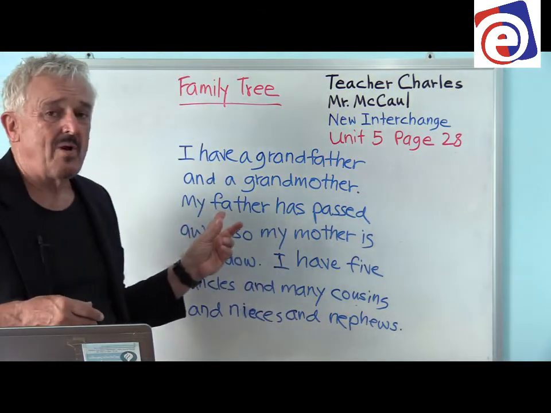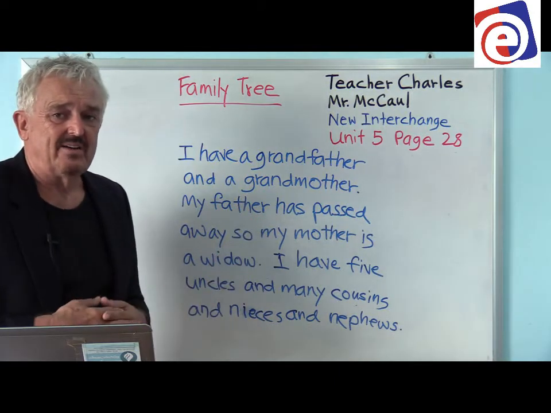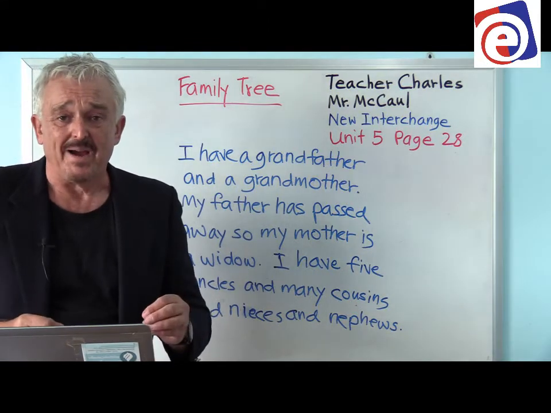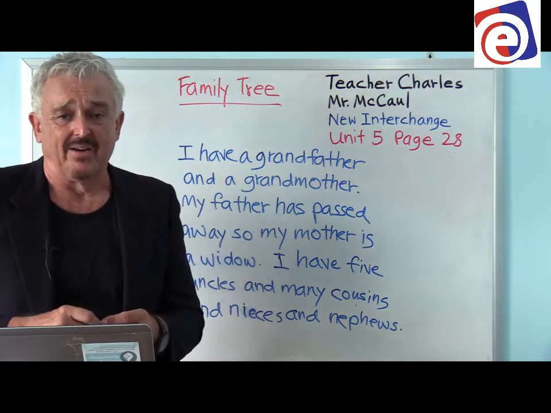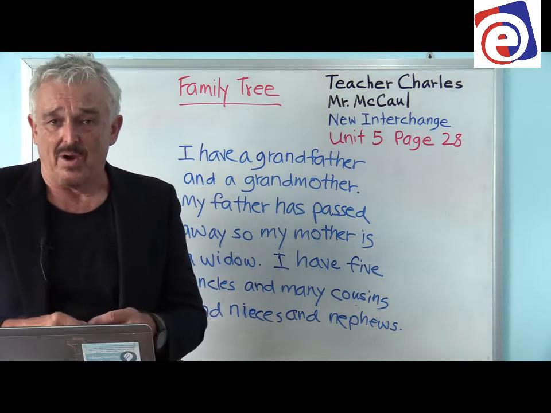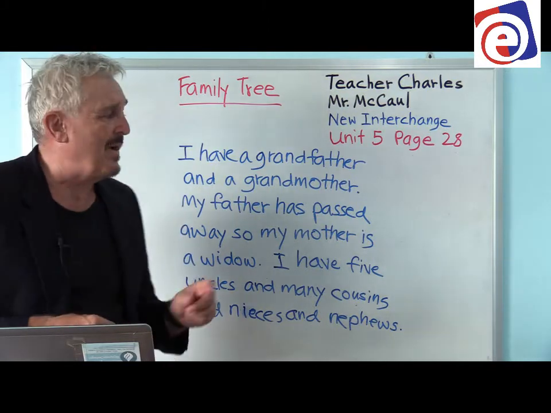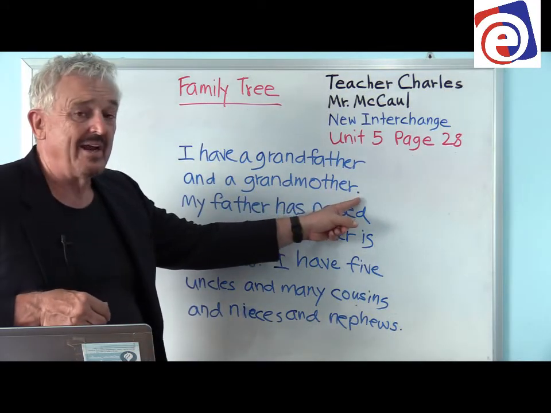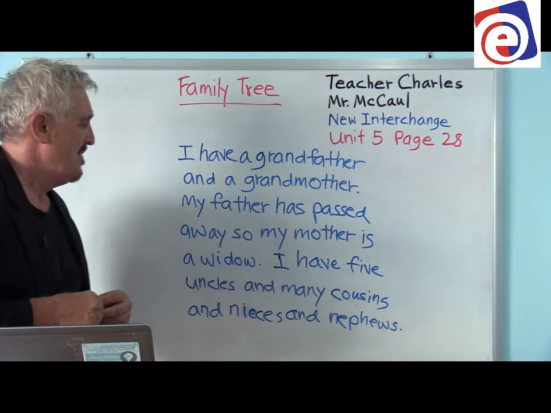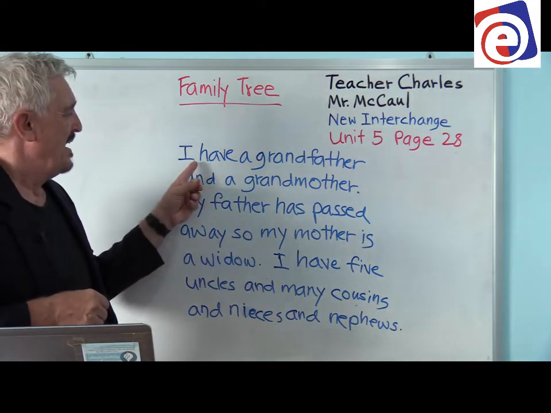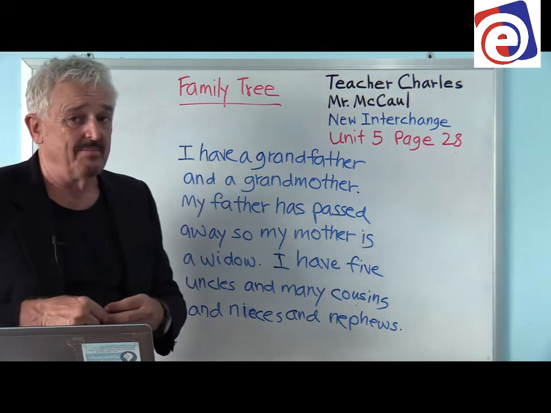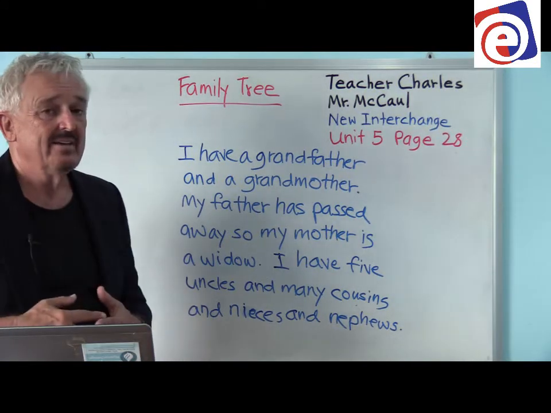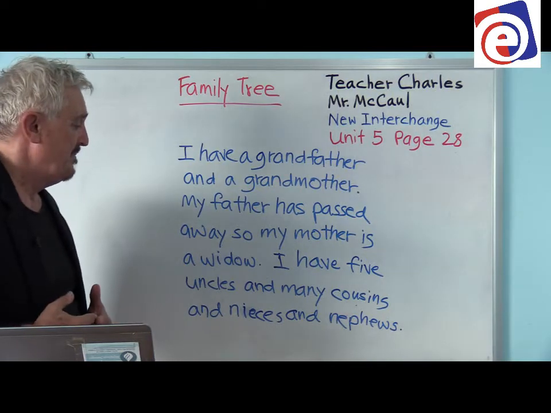I also want you to write this. Can you see this? You see it clearly? I think that you can. And so this is your word power, you're learning new vocabulary, but you're also practicing writing. I want the punctuation, capital letter at the beginning of the sentence, period at the end of the sentence. Okay? I have a grandfather and a grandmother. My father has passed away, so my mother is a widow.